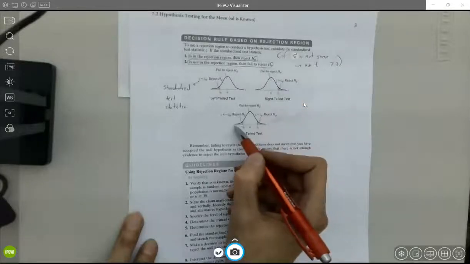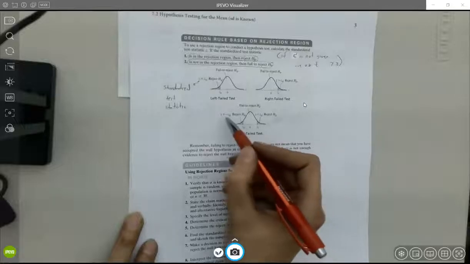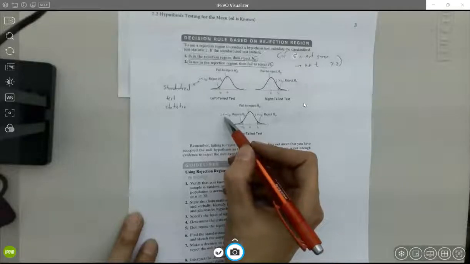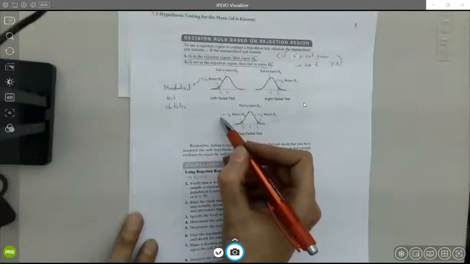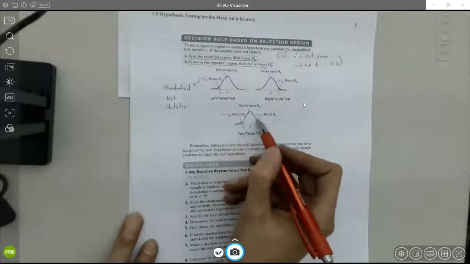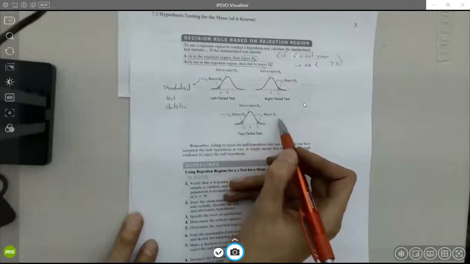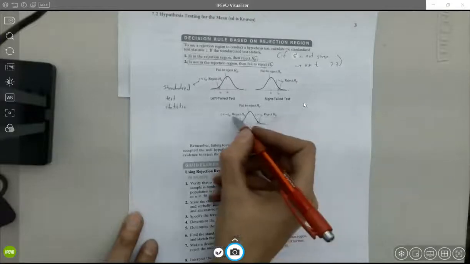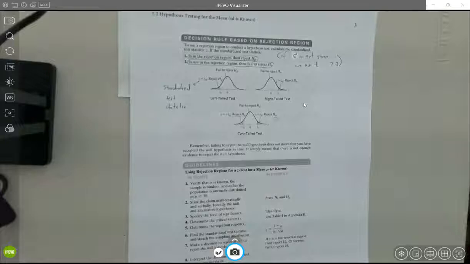And finally, if you have a two-tailed test and z is less than negative z sub 0, or if it's greater than your critical value on the right-hand side, you reject the null hypothesis. The process is the same.